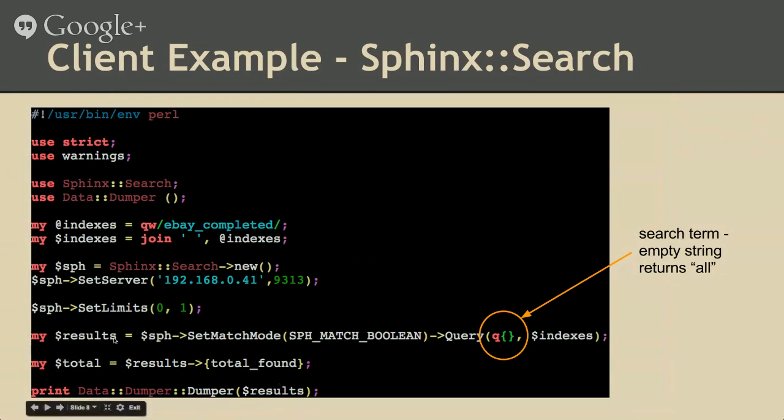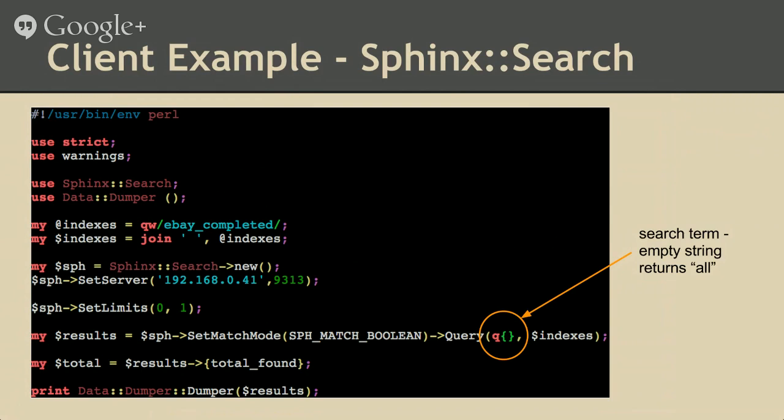So here is where I get my results. This is set match mode. There's a ton of different match modes, and what I'm using here is SPH match Boolean. It supports a Boolean expression for searching. So it can be keyword 1 and keyword 2, and then you can use parentheses to nest.